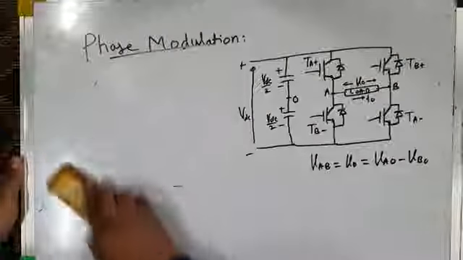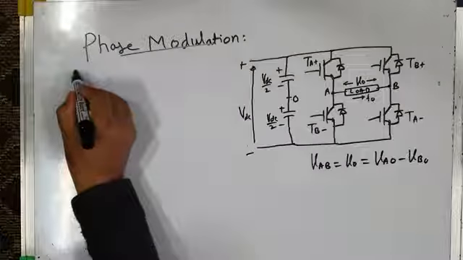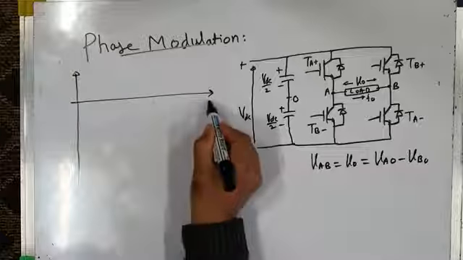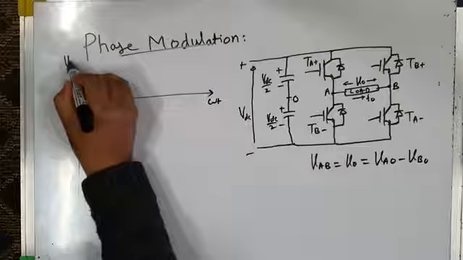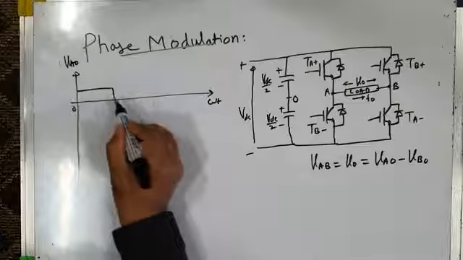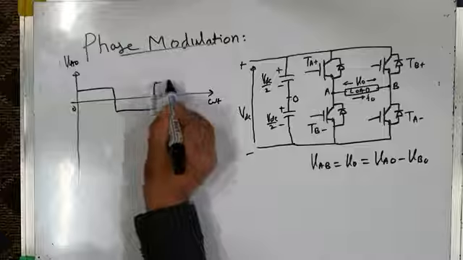Now, consider the situation where the two pole voltages are in phase with each other. This is my pole voltage VAO. As usual, it is plus VDC by 2 from 0 to pi, and minus VDC by 2 from pi to 2 pi.